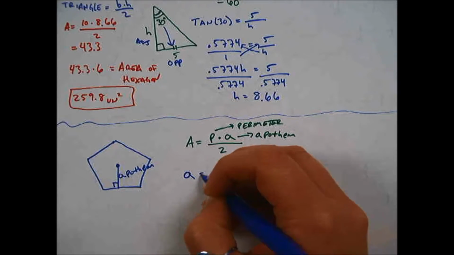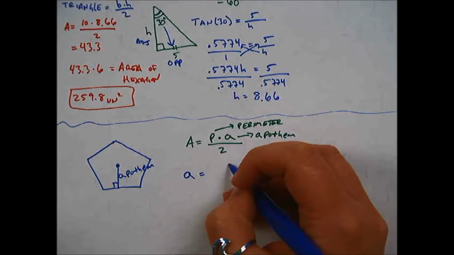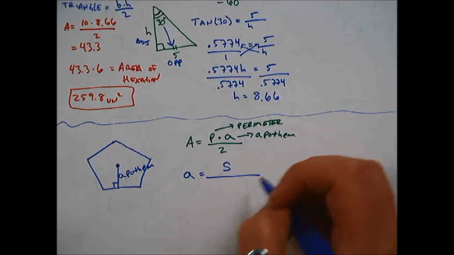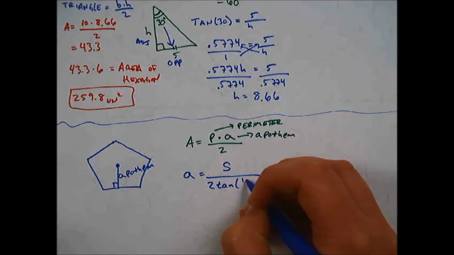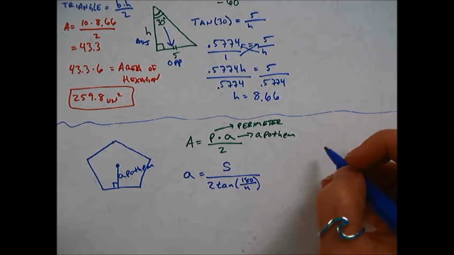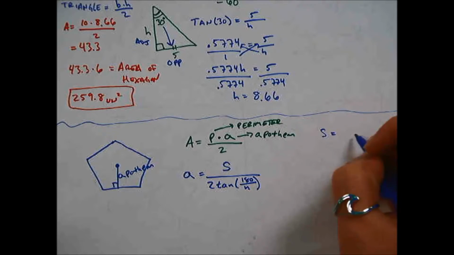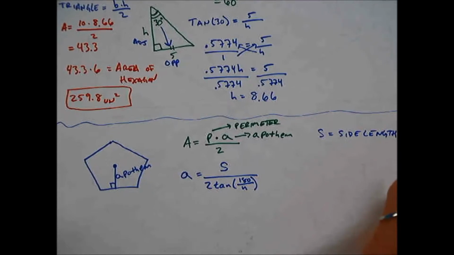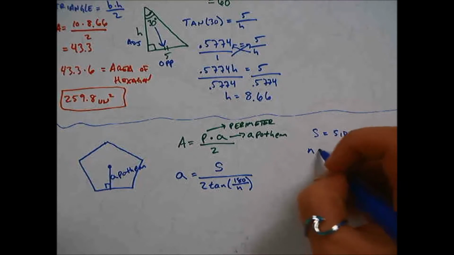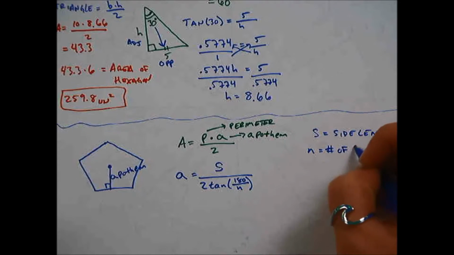So A for apothem equals the side length divided by 2 times tangent of 180 divided by the number of sides. So in all of these equations, S is going to be the side length, and N is going to be the number of sides.